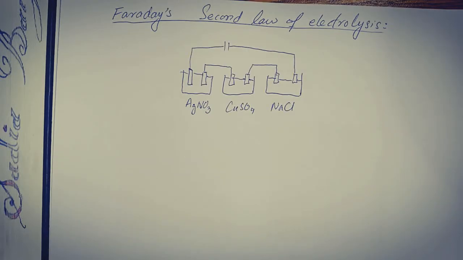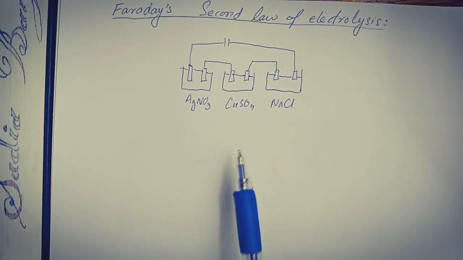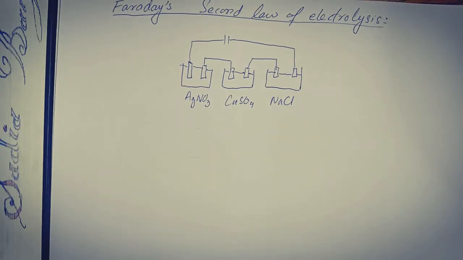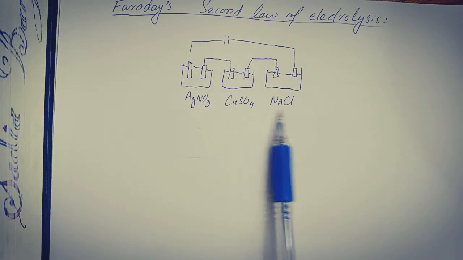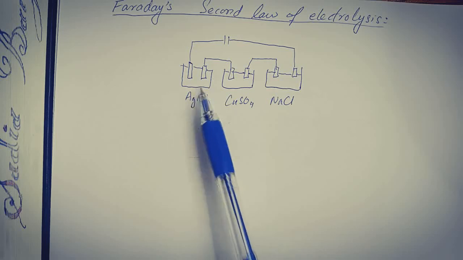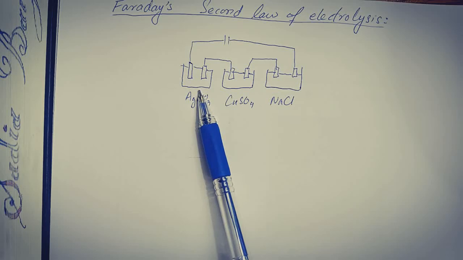For example, if we have 3 electrolyte solutions connected in series, the amount of current passed through each of the electrolyte solutions is the same. So the equivalent weights generated from the weights of the substances present in the solution are directly related.